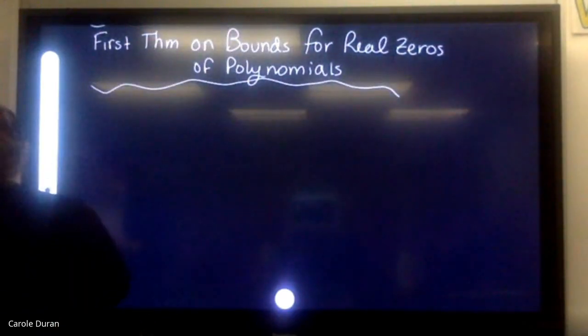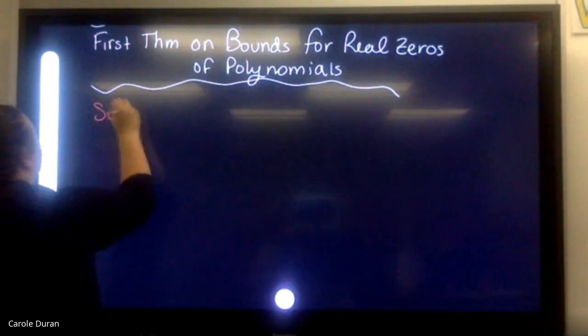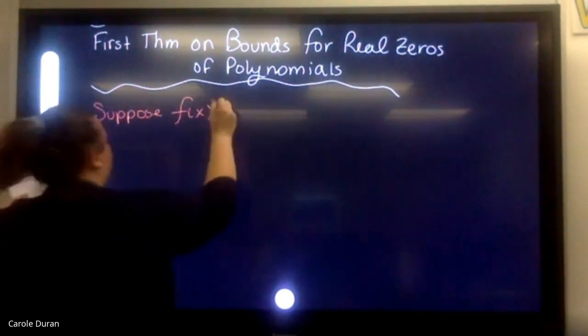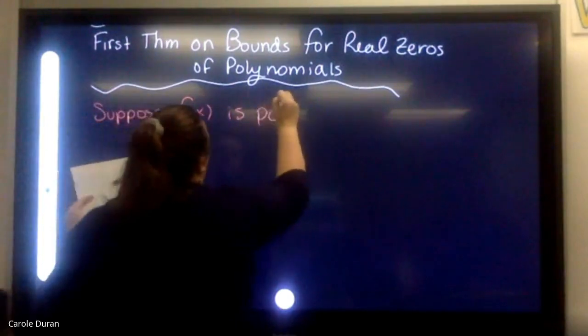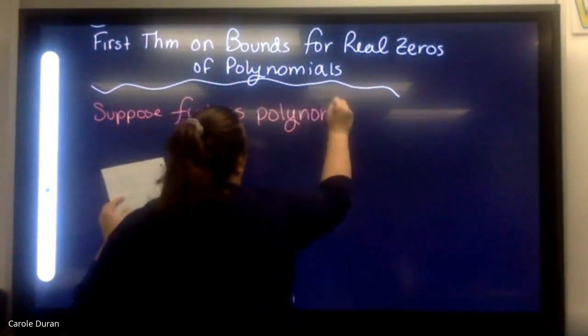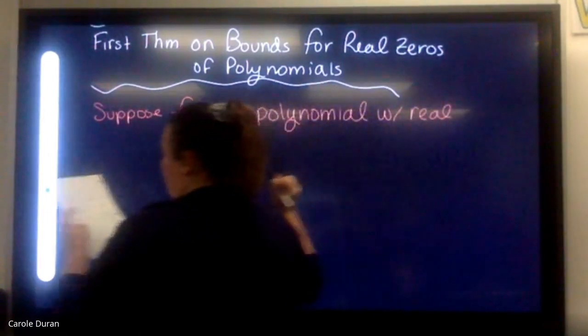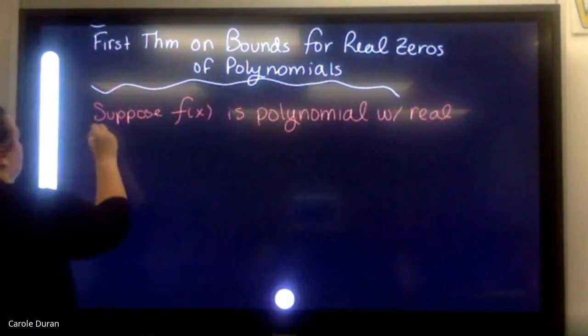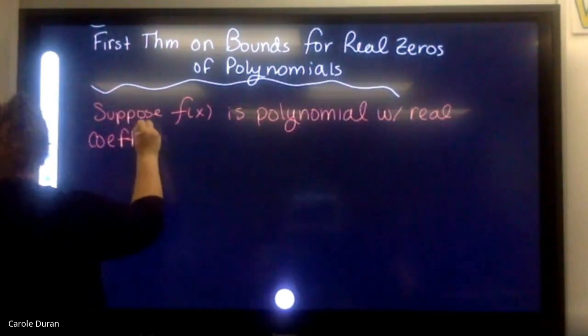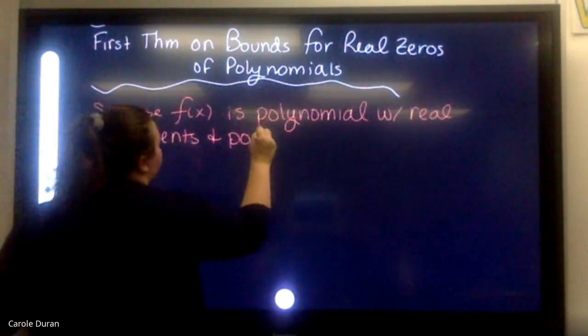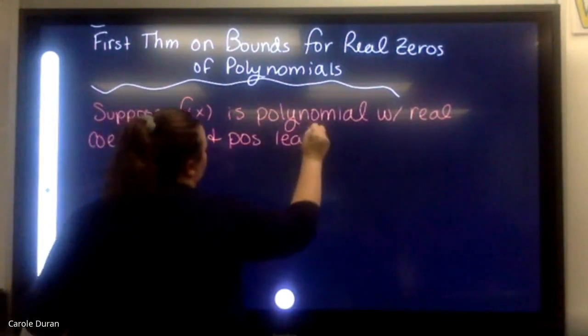So this says, suppose f of x is a polynomial with real coefficients and a positive leading coefficient.